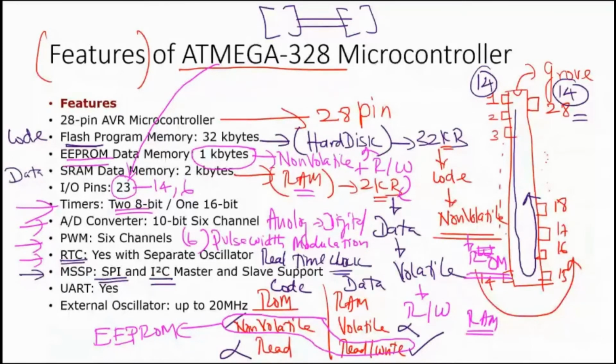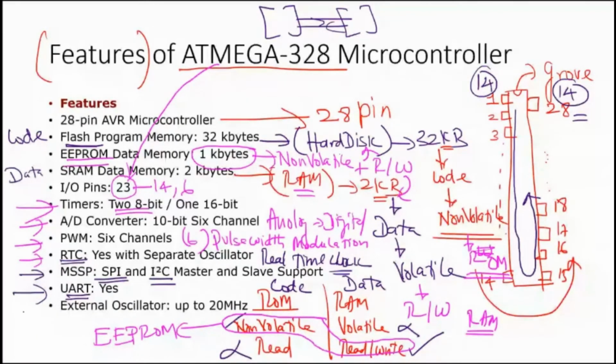SPI is called serial peripheral interface, and I2C is called inter-integrated circuit. As of now, remember that these 2 are serial communication standards that will help the microcontroller to communicate with any external device. Similarly, UART is another serial communication device which again requires 2 wires. UART, SPI, and I2C are 3 serial communication standards in which the data is transmitted 1 bit at a time.